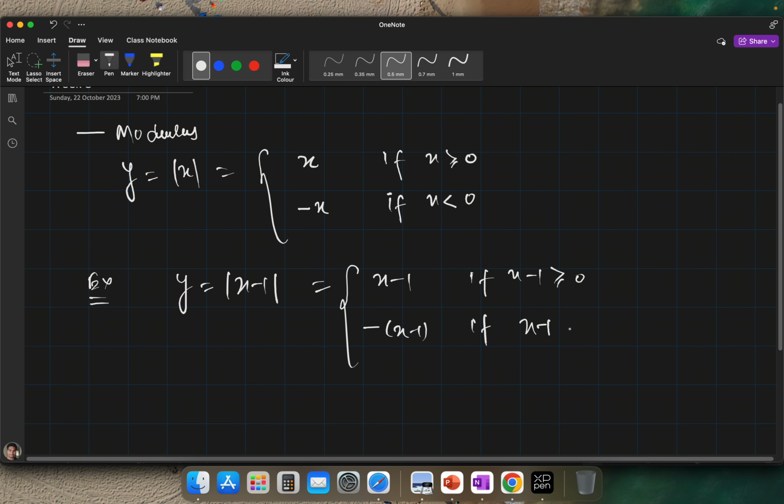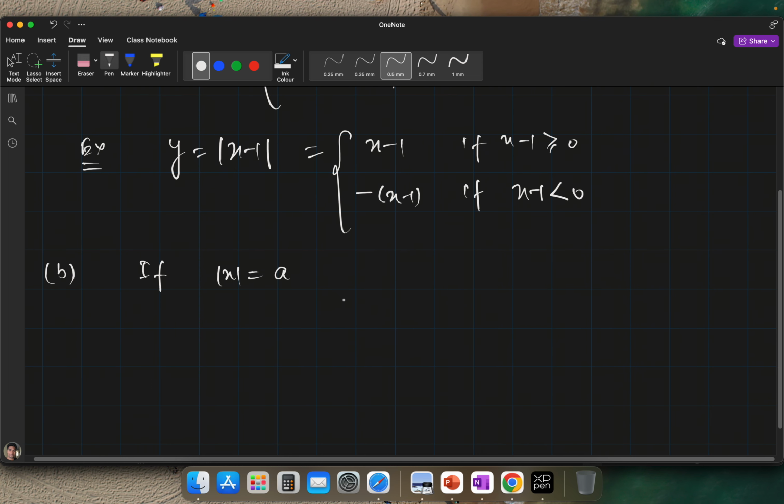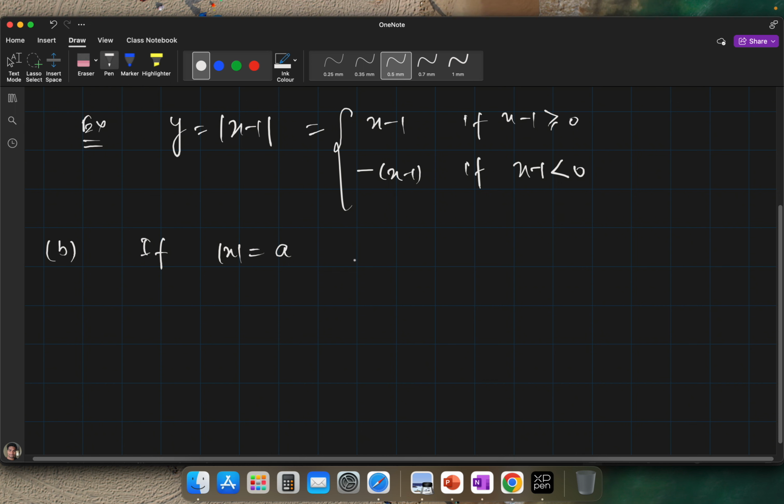Now the second property is: what if mod of x equals a, then what is the solution? If a is greater than or equal to 0, then its solution will be x equals minus a or a.